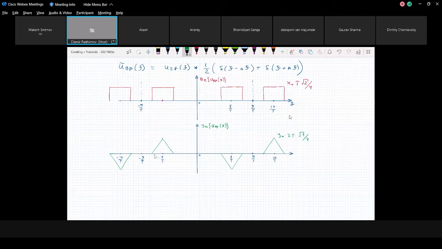And also we call that if we consider everything on the right side in the positive range of frequency, everything on the right side of the carrier frequency, we call it the upper sideband. And everything to the left of the carrier frequency in the positive range we call the lower sideband.